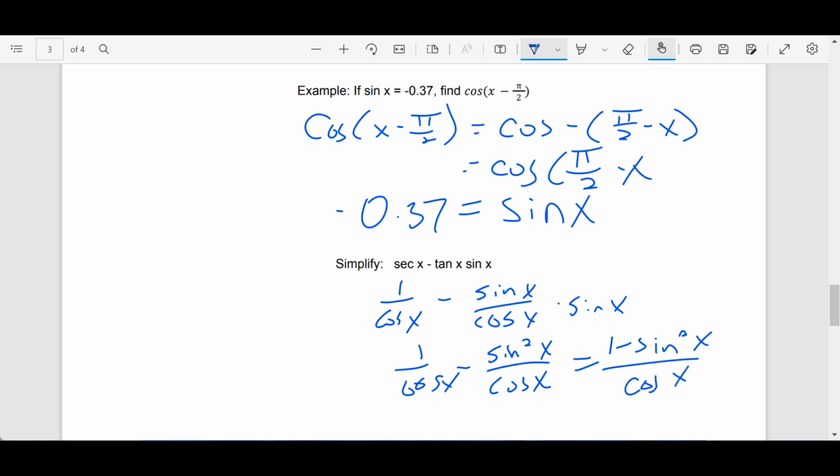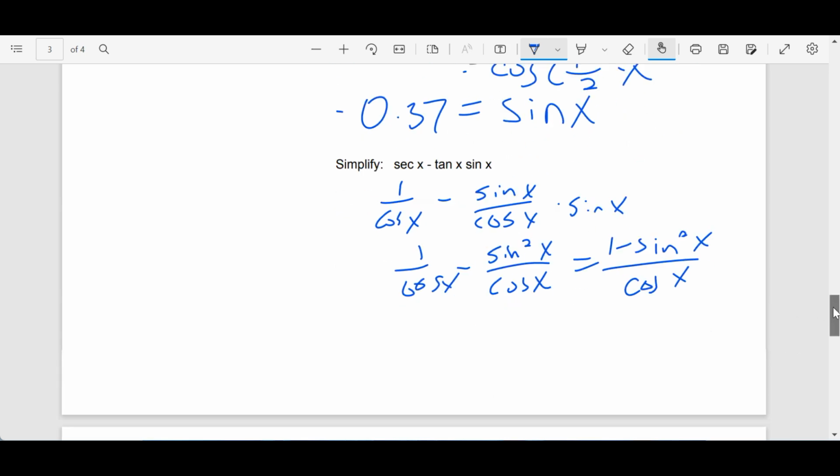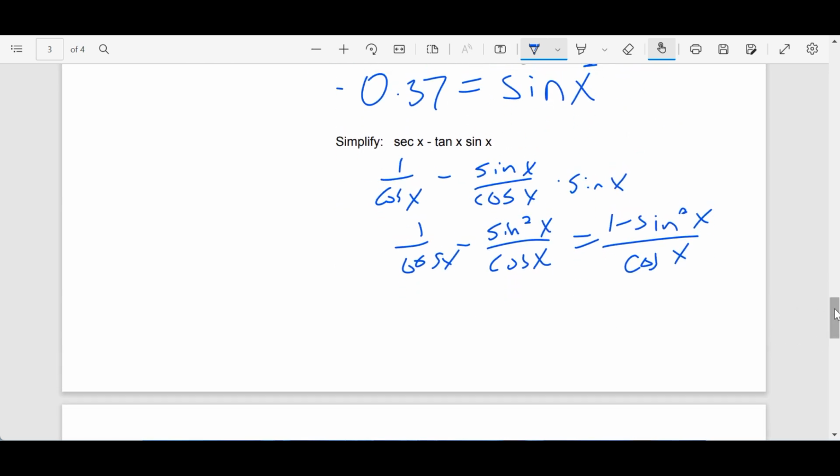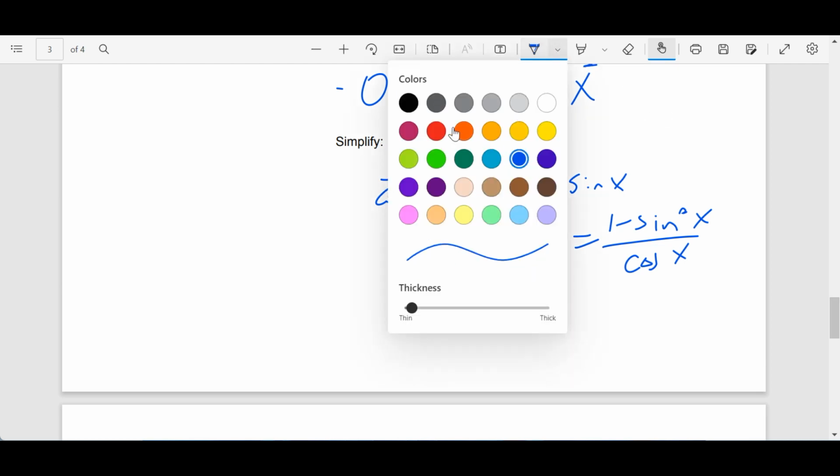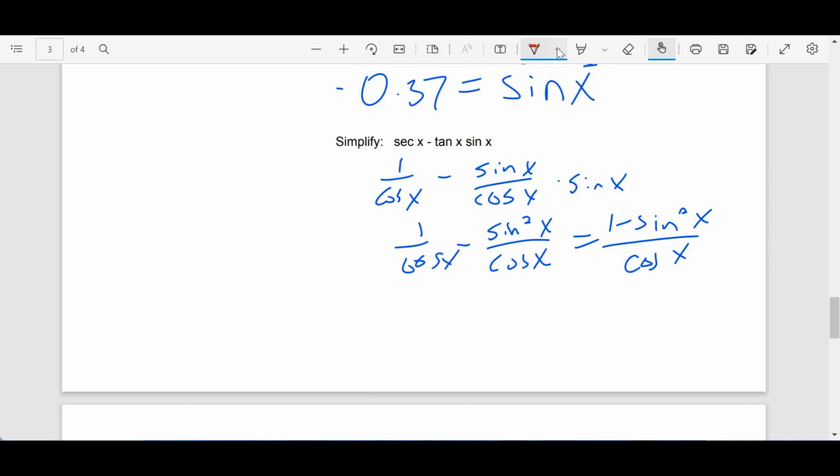Now, anytime we're simplifying trig expressions and you see a square, I want you to automatically think about your Pythagorean identities. That's going to help you out so much. And you probably recognize sine squared. Now, there's multiple ways to simplify this one. I know sine squared x plus cosine squared x is equal to 1, right?